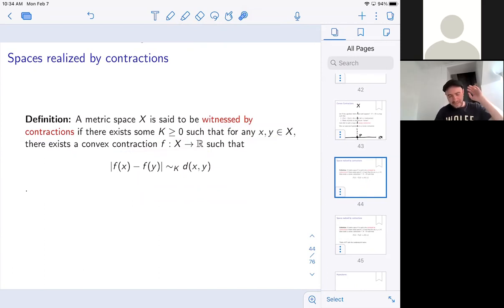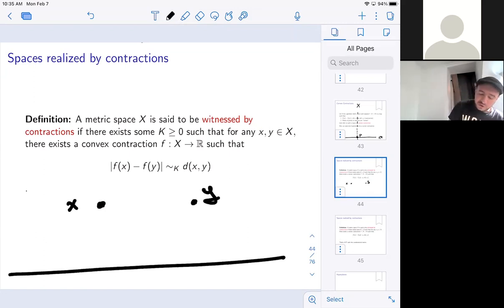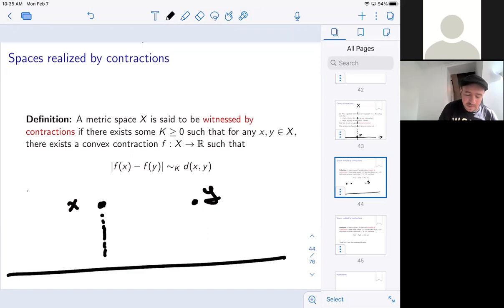This is saying there is a constant K that's uniform, depends only on the space, where for any 2 points X and Y in the space, you can find a map to R which is a convex contraction, where the image of X and the image of Y are coarsely their original distance away. All right. So that's what this is saying.